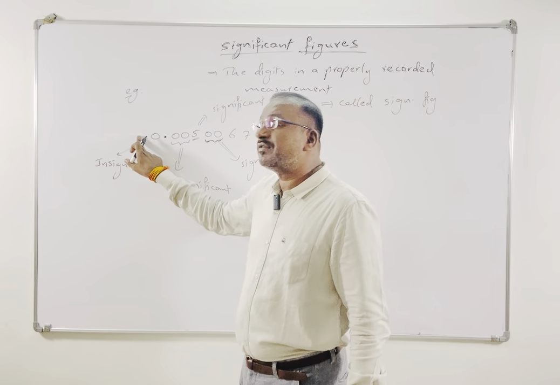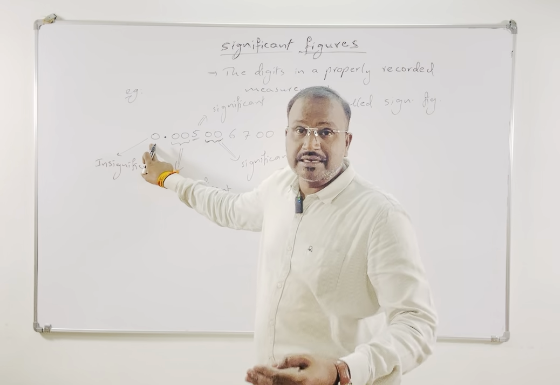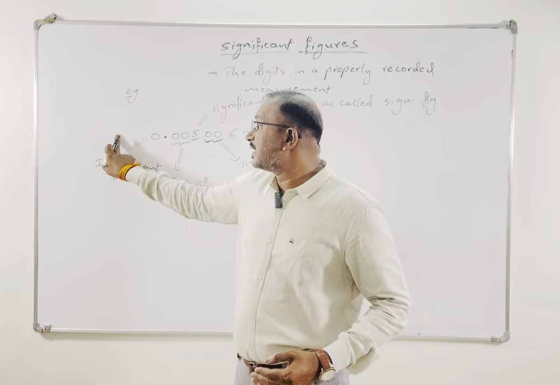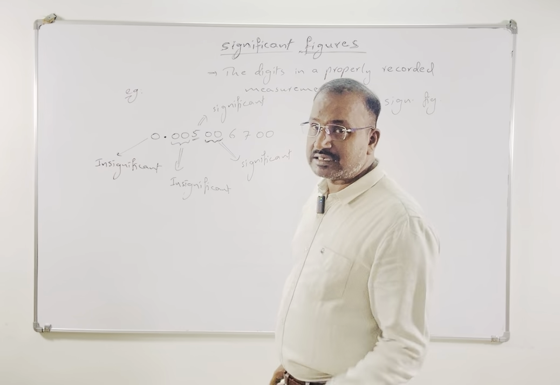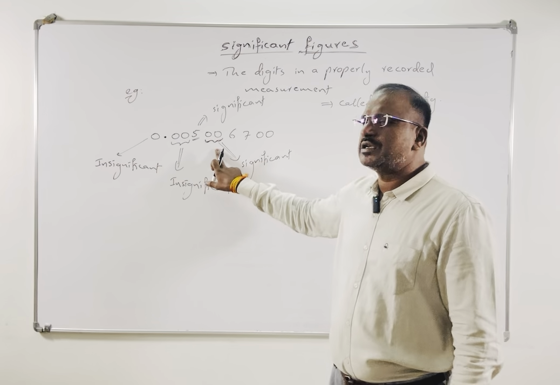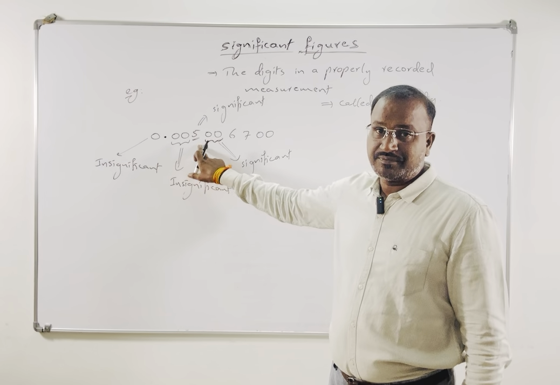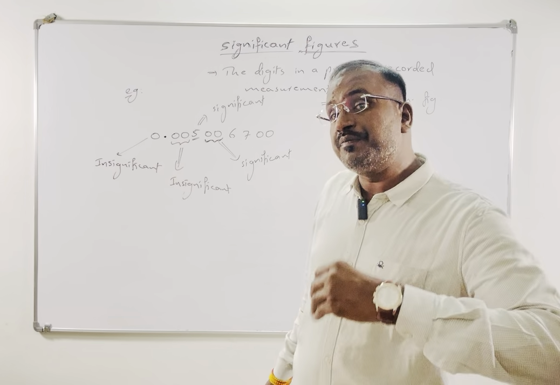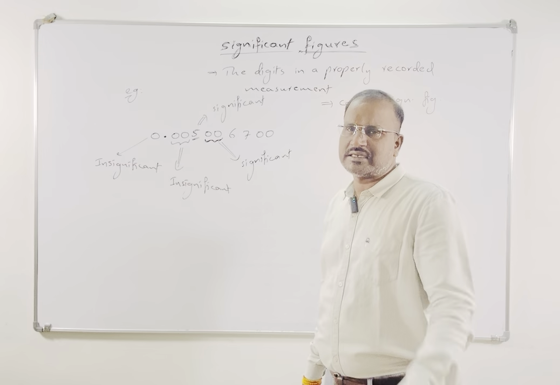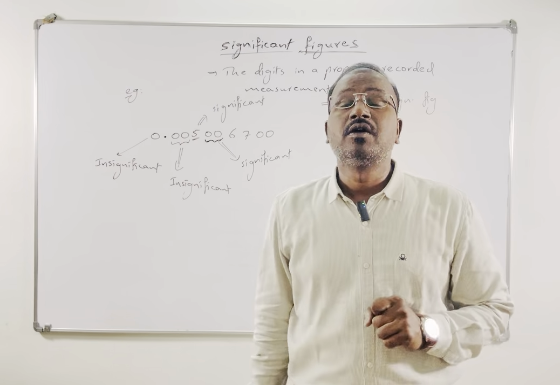Remember, if I write one non-zero here, this also becomes significant. If non-zeros are not there, only zeros, they are insignificant. So any zeros present after a non-zero digit are significant, and any zeros present before a non-zero digit are insignificant, before or after the decimal point. This is one rule.